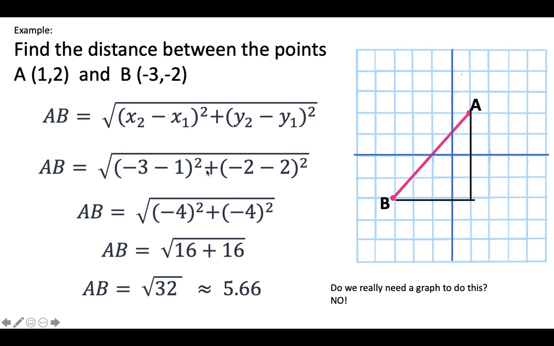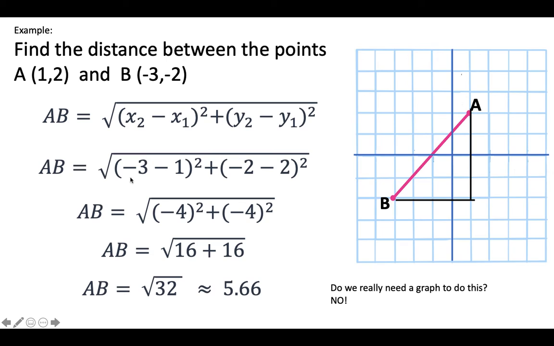Second part, we're going to put those in parentheses, square it, plus, here's my second part in parentheses, negative 2, because that's my y2, that's my second y, minus, well, what's y1? Well, let's take a look. It's positive 2. So negative 2 minus that positive 2. We don't have to put the plus there, right? So negative 2 minus 2, we're going to square that. And then once that's all done, then we'll square root it.